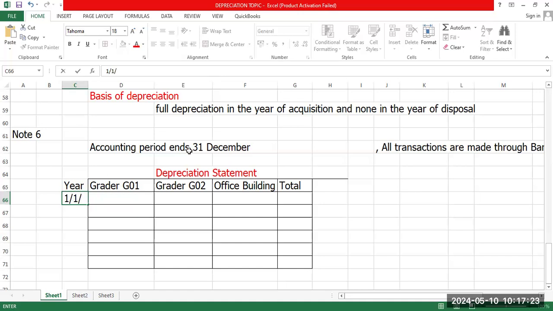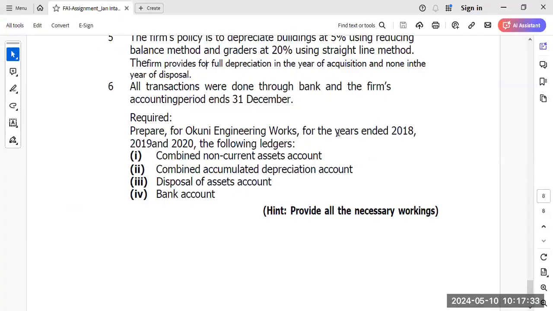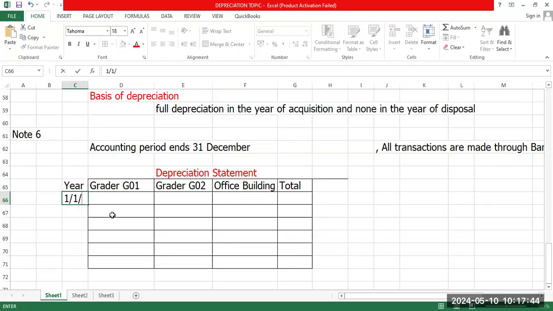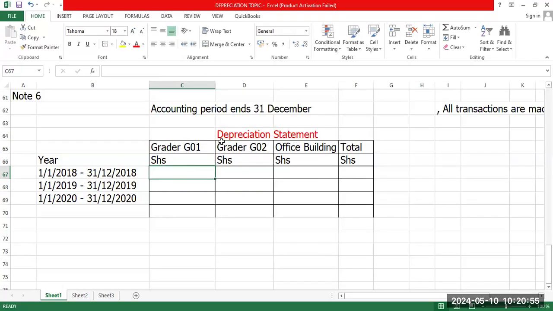When you check the required part, the first year is ending on what? We need year ended 2018. So if it is for the year ended 2018, it means that this one started on 1st January 2018, and it is going to end on 31st December 2018. This is the depreciation statement.